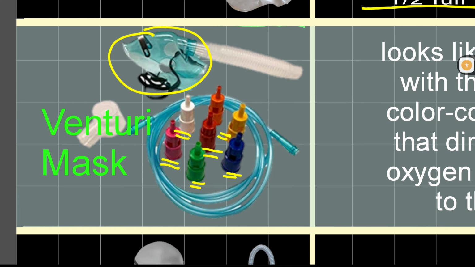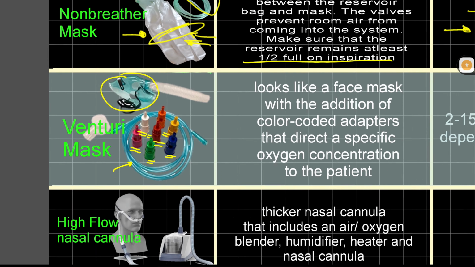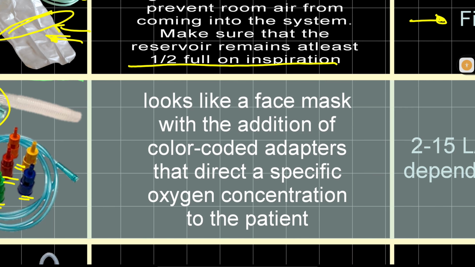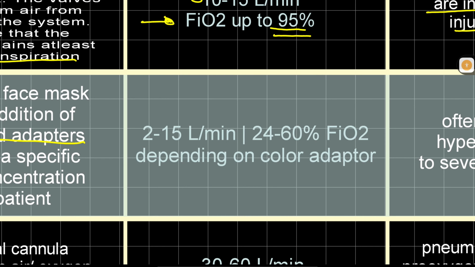Each valve, depending on the color, plays a significant role on how much oxygen you're going to deliver to your patient. It also comes with a tube, which you're going to attach to the humidifier. Now, let me describe this to you. It looks like a face mask with the addition of color-coded adapters that direct a specific oxygen concentration to the patient. Just like I said earlier.